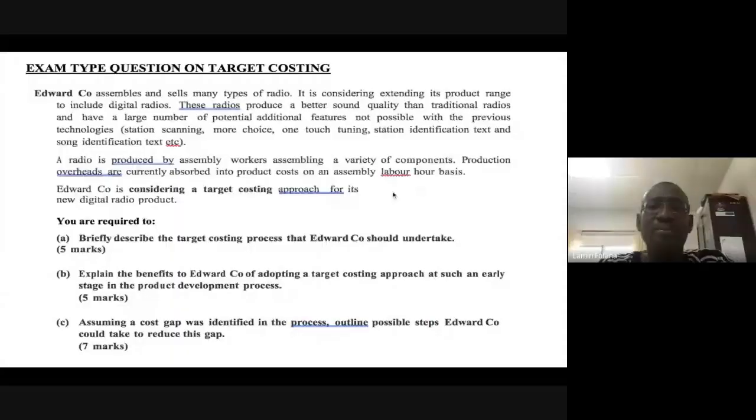Absorption costing, because it has already told us that fixed production overheads are absorbed using labor hours. So that tells you that they are into absorption costing at the moment. So they're into absorption costing and they're aiming to go for target costing. So the first question says, briefly describe the target costing process that Edwards Company should undertake. So what are some of the processes that they're supposed to undertake in order to introduce a target costing regime?